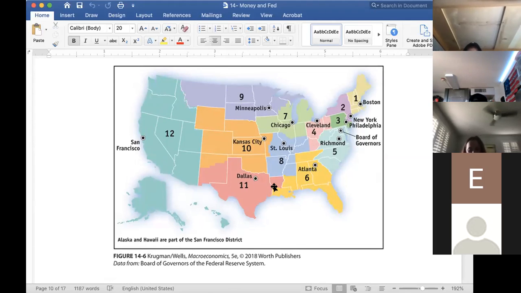First off, you notice a couple things about this map. The location of these regional banks don't make any sense to us today. They really reflect the US population back in 1913, right? So notice that there's only one Federal Reserve Bank that's west of Dallas, right? Like look at that huge area that San Francisco has to take care of, right?